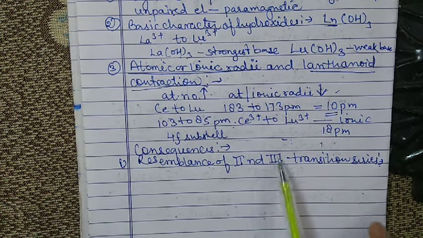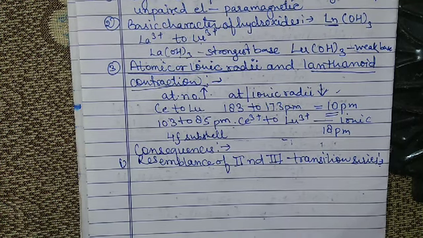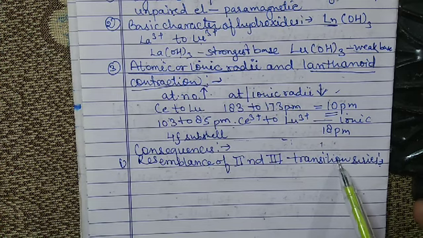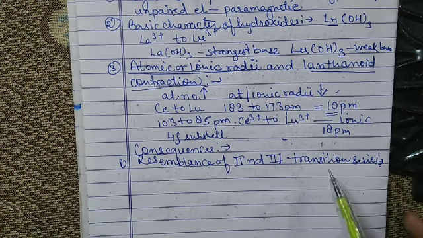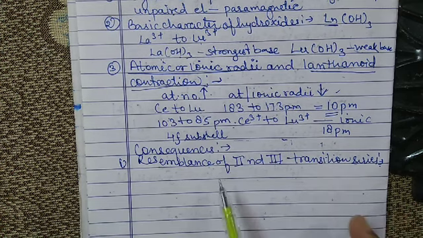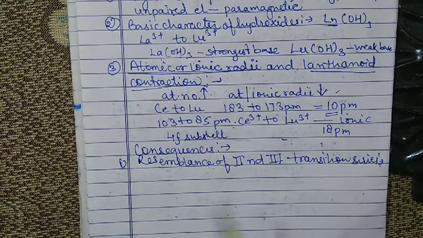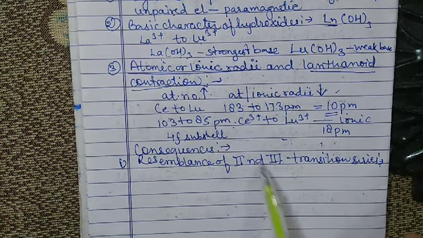However, after the lanthanoids, the increase of the ionic radii from the second to the third transition series almost vanishes, and a pair of elements, molybdenum and tungsten, possess almost the same size, and the properties of these elements are also very similar.